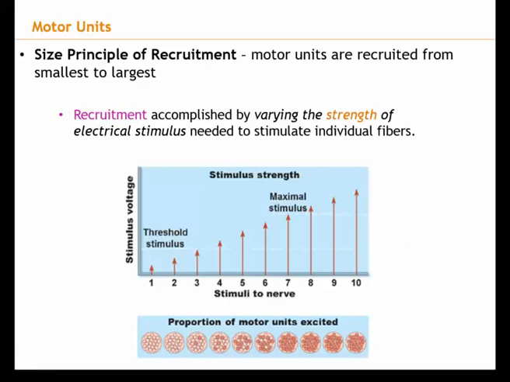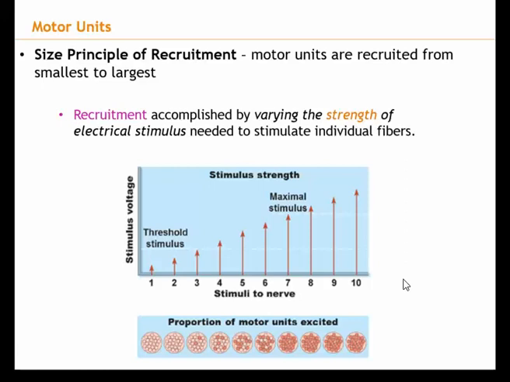As we reach maximal stimulus, all the motor units are going to be recruited up to this 10 part right here. So basically, to summarize, a small stimulus is not enough to reach the threshold, therefore no motor units will be activated. A larger stimulus sent to the muscle will recruit multiple motor units to produce a greater amount of force.